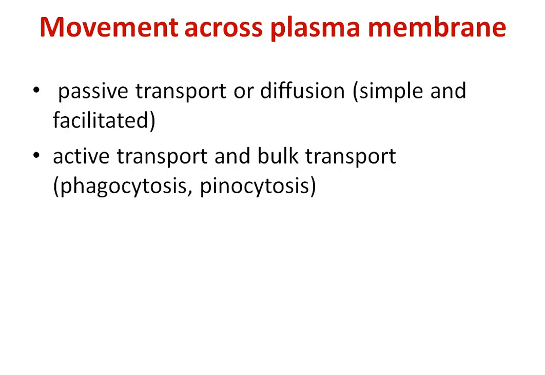Compare that to an active transport, wherein you are moving molecules against the concentration gradient, so from lower concentration to higher concentration. Since you are moving against the concentration gradient, you will need a pump, and this pump would usually require an energy source.